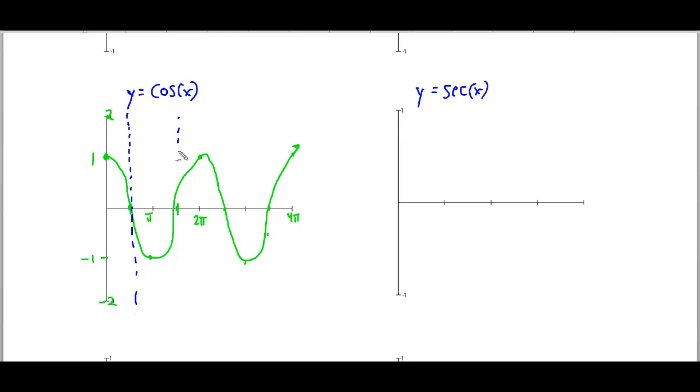And if you're curious about why, as they get closer to 0, you get a division by 0 error, the closer you get to these lines here.